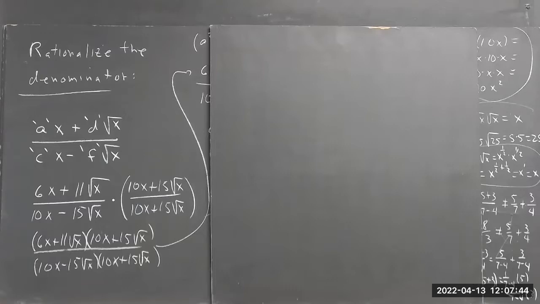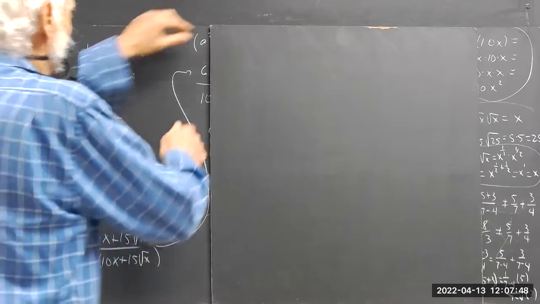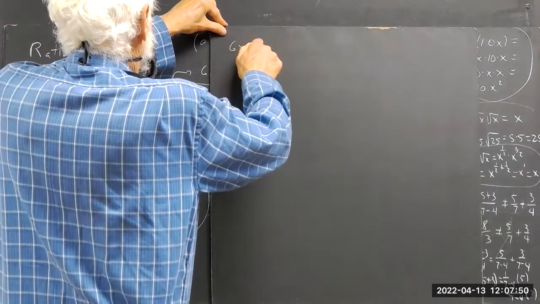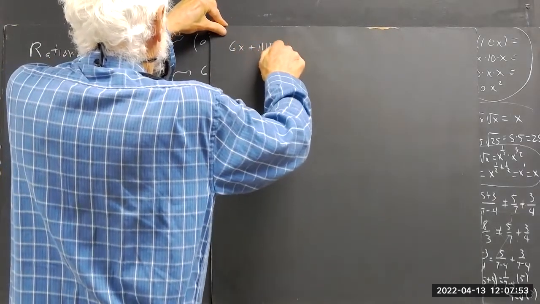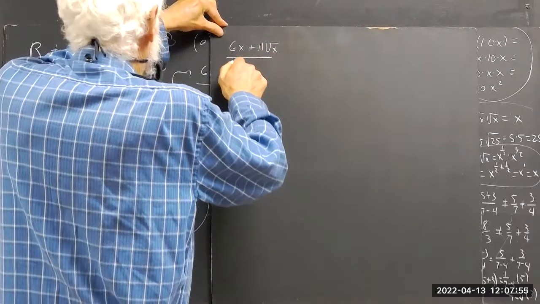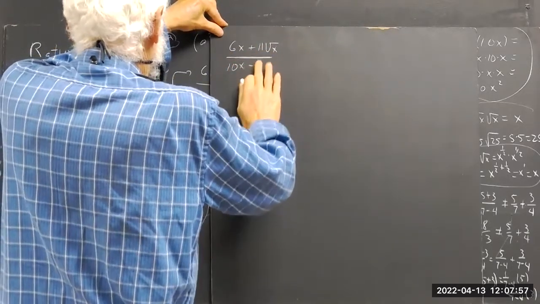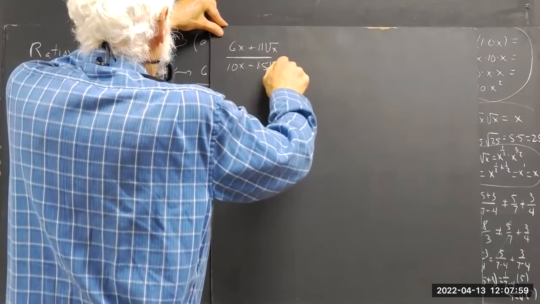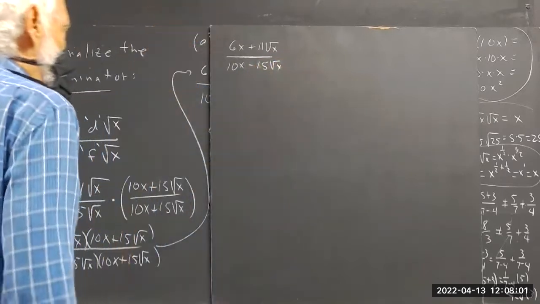Okay. Now, we've got another question where this might be (6x + 11√x) over, same question, (10x - 15√x).